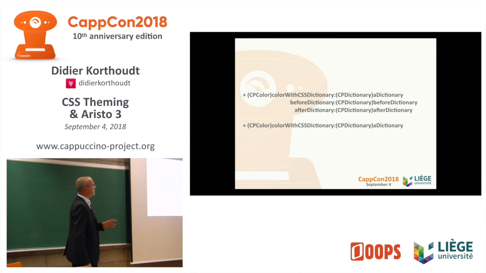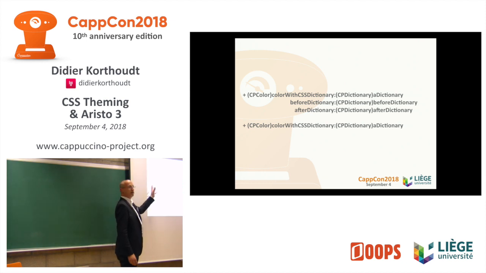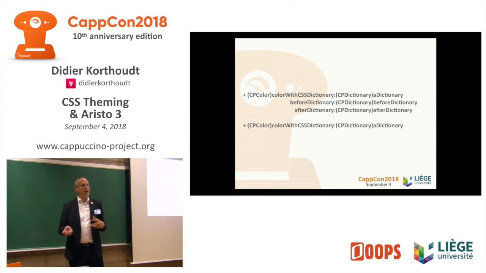So the idea was to have a new kind of color, but it is exactly the same for images. A color with a CSS dictionary. You push a dictionary of CSS instructions. Before dictionary and after dictionary are used for the before and after pseudo-elements in CSS.